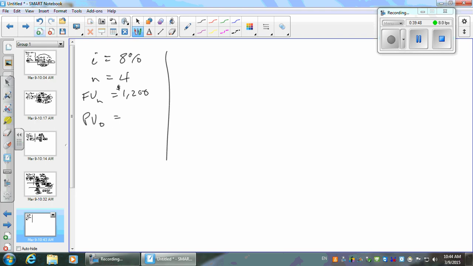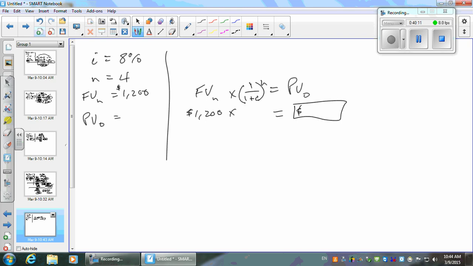Okay, so here we go. What do we got? Future value, 4 periods from now, is 1,200. I'd like to know what it's worth now, which is the present value at time 0, right? That's what I'm after. This is 1 over 1 plus the interest rate raised to the number of periods, or you could say you're looking at the present value of a sum factor.